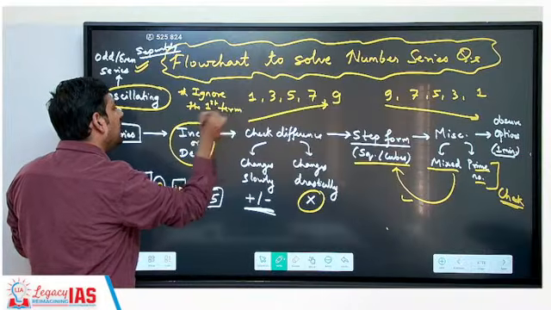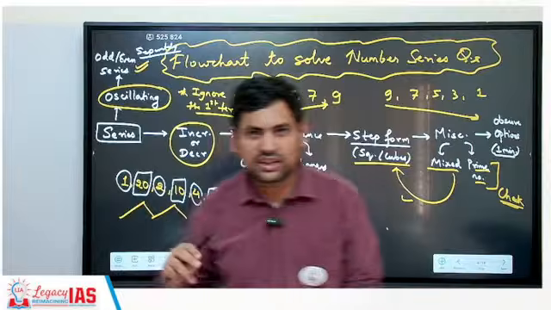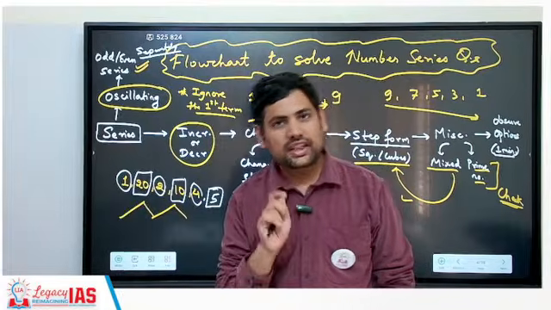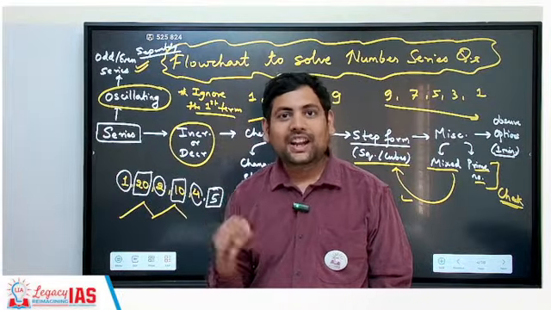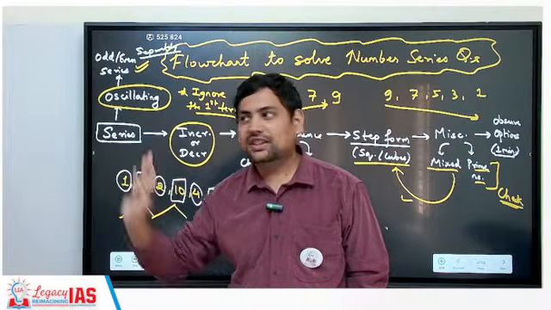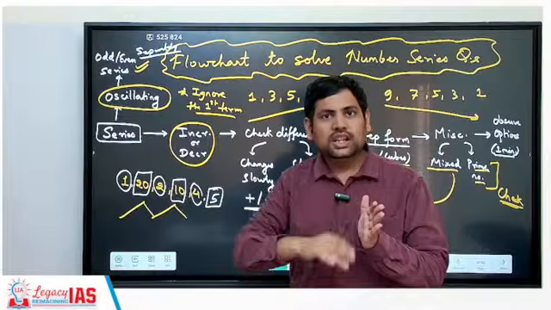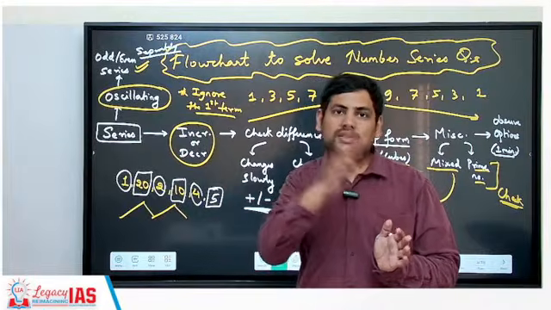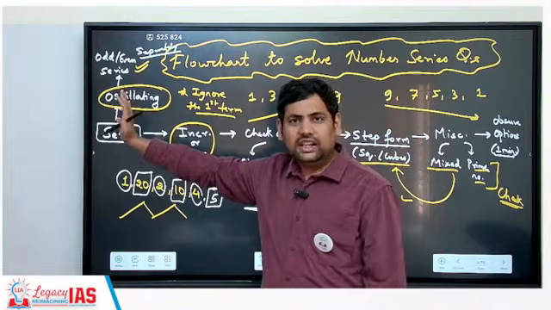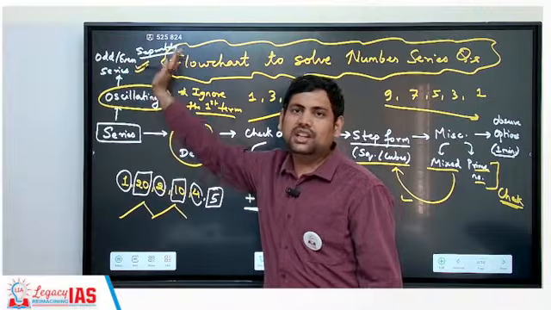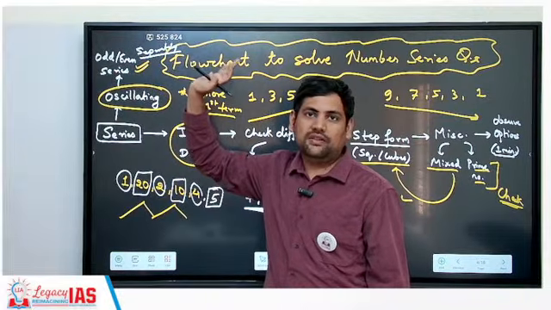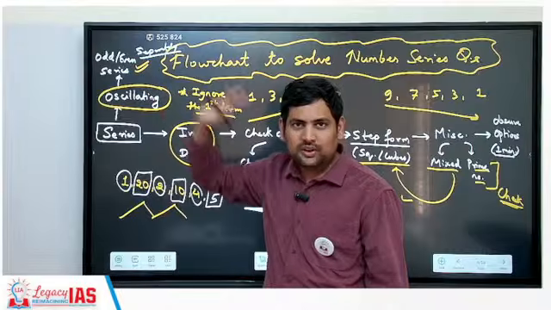When you are trying to gauge what kind of series this is, just ignore the first term and then start looking. I'll tell you why we are doing this when we do the questions. So you ignore the first term and see if it is increasing, decreasing or oscillating constantly. If it is oscillating, very easy, see odd and even separately. They usually give a very easy question after this. So with odd even, you will find it immediately.